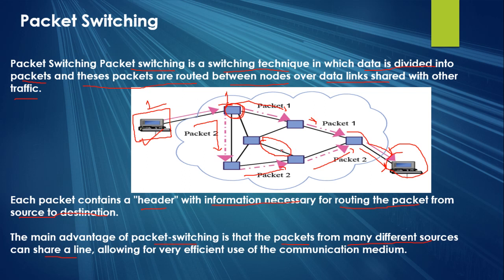When a particular packet has passed through that line, the other packet can use this line. In this way, packets from many different sources can share a line, allowing a very efficient use of the communication medium. So in this way, packet switching runs in a smooth manner.